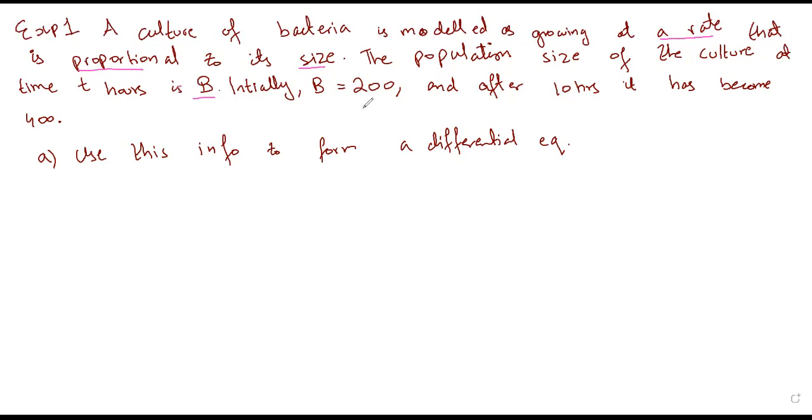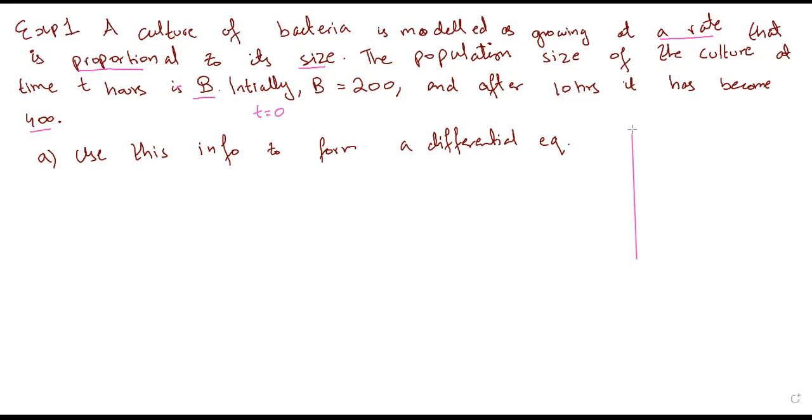Initially, b is 200. Initially means when time is 0, and after 10 hours, it has become 400.